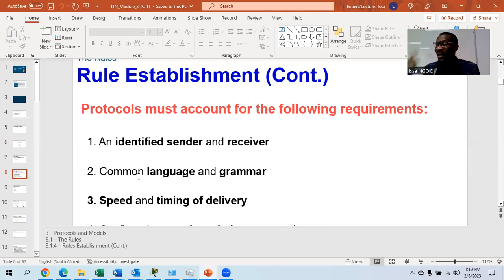Number two, grammar or languages, right? So your protocols will use languages and grammars. Devices need to understand those languages or grammars, right? And devices need to agree on the speed. What does it mean?